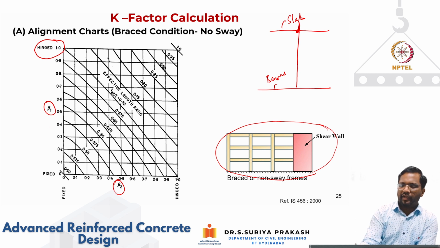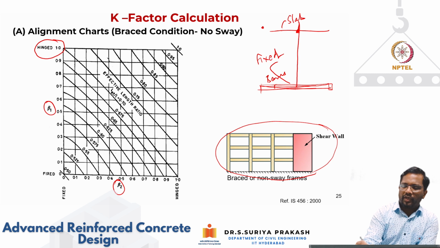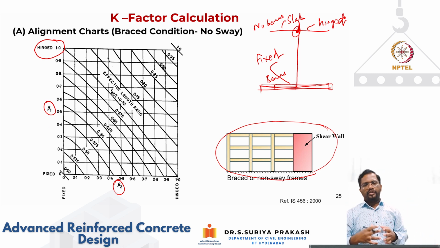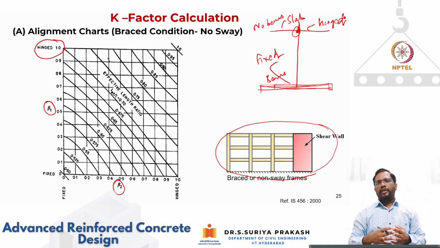But if you have heavy beams connecting here, let's say very deep beams, then this joint will approach a fixed condition. However, if I have no beams, then this joint will approach a hinged condition. So it all depends upon the stiffness of the members connecting at that joint.